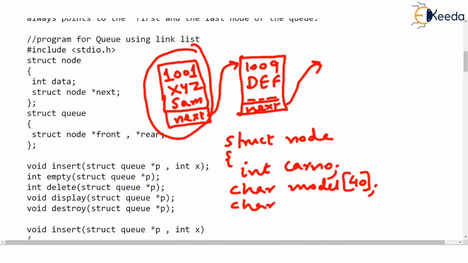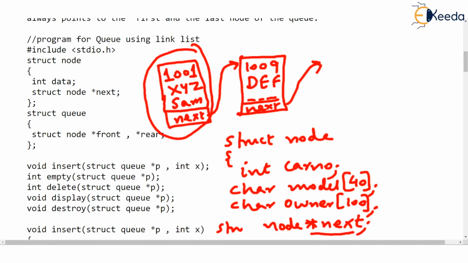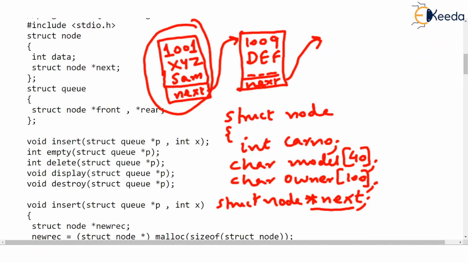So it will be char array owner, let's say 100 character name. And then there will be a pointer, isn't it? Pointer called next. Now this next pointer, please try to understand, is going to point to next node. So we will have a node pointer here where node itself is a structure. Isn't it so? And after all this declaration, we are going to close the struct and put semicolon.